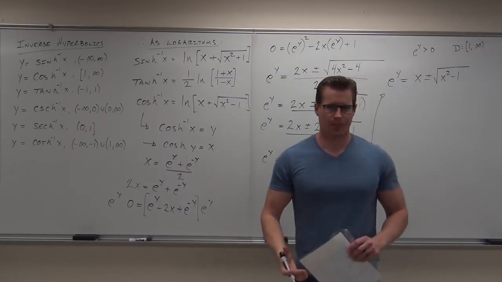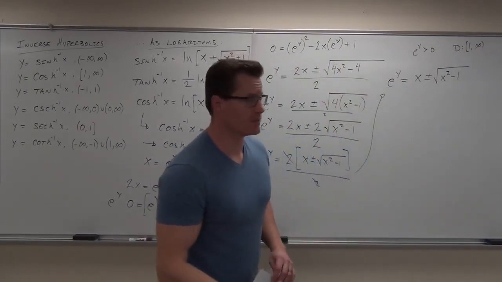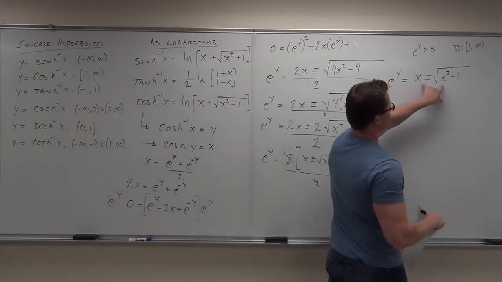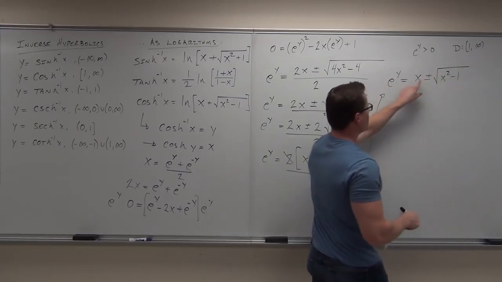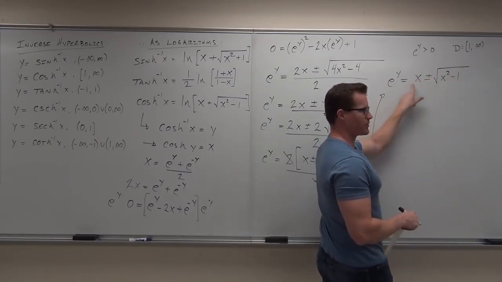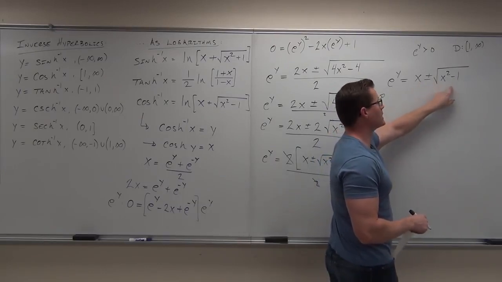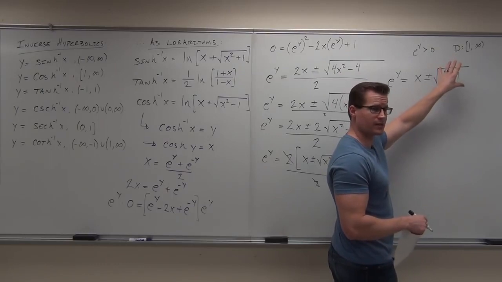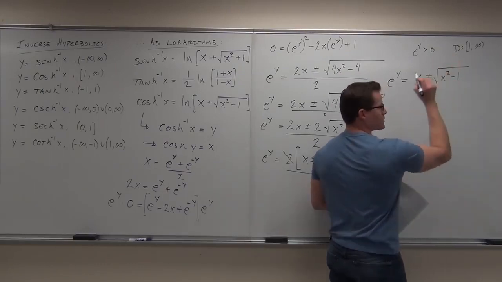Here's the problem. If I plug in numbers from 1 to infinity, most of this is going to be negative. So I plug in numbers like 5 or something. If I did that, 5 plus, I'm good. But 5 minus, I'm not good. This would be 5 minus the square root of 25 minus 1, the square root of 24. This would give me negatives, which does not fall inside my domain. Does that make sense? So for that reason, it's really not defined for this. So we're going to take that out.